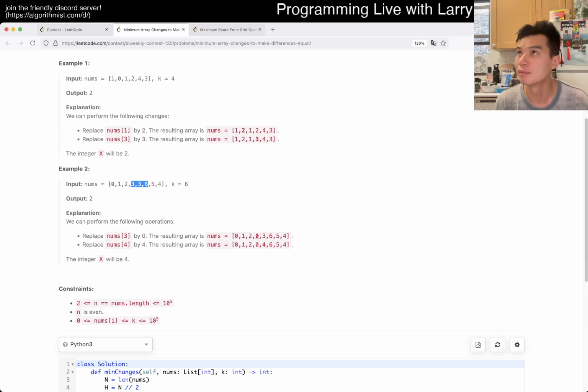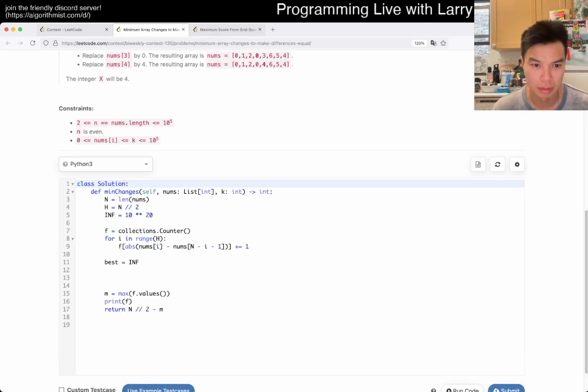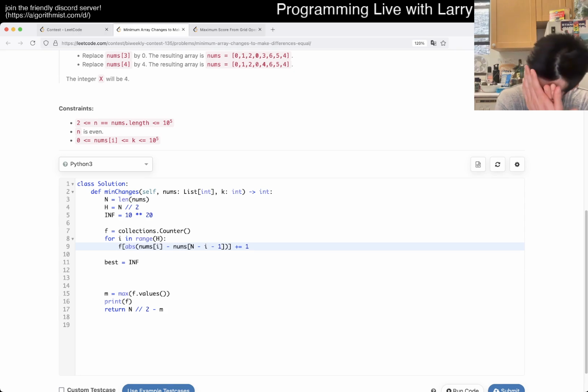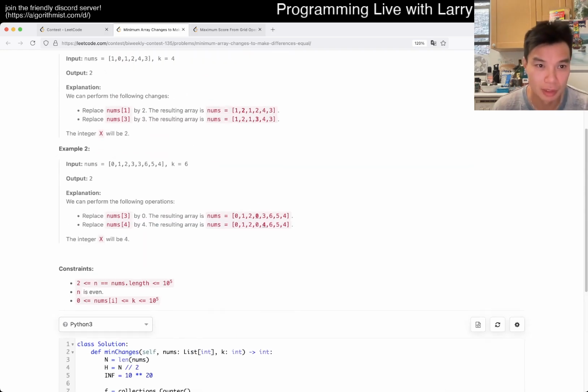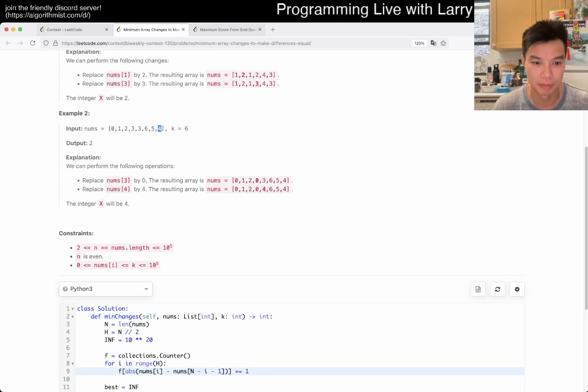That means that, okay, what is the max change here? That means that this is 6, this is 2, now this is 4, right? So that means that you can change up to 4.